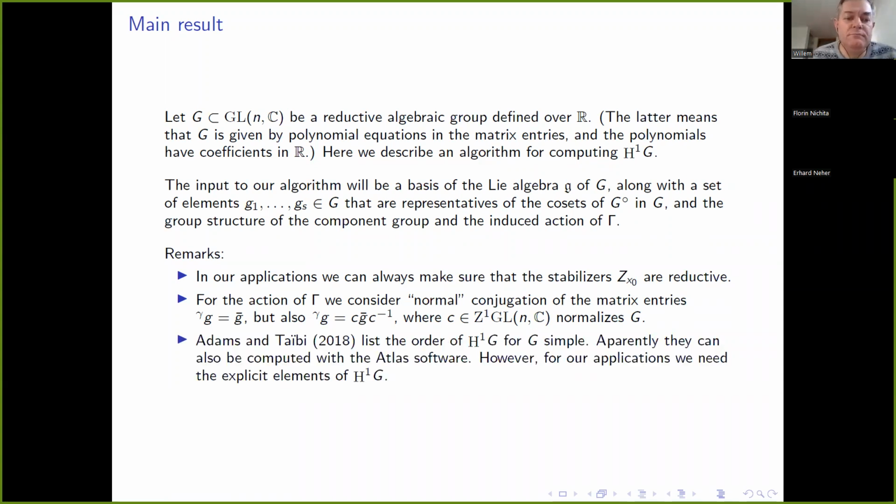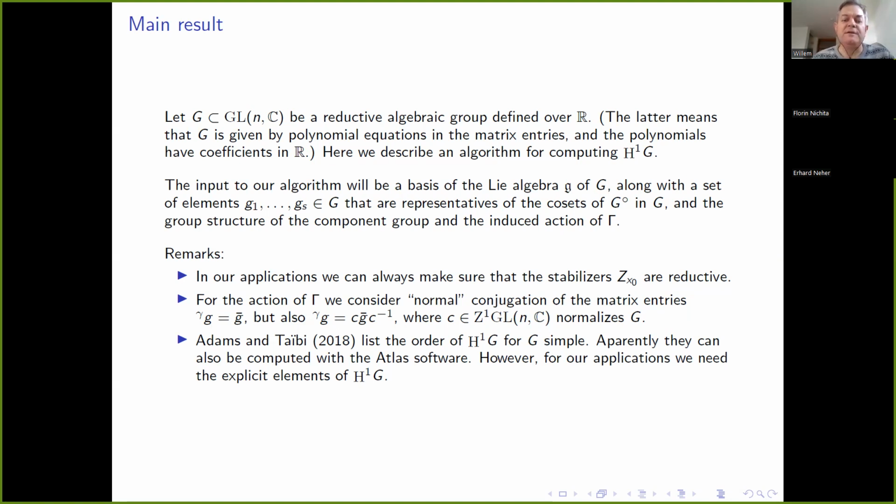Now, in earlier work, a 2018 paper, Adams and Taïbi listed the order of H1 of G for G simple algebraic groups. Apparently these orders can also be computed with the so-called Atlas software, developed by Adams and many other people, called the Atlas of Lie Groups, if I'm not wrong.